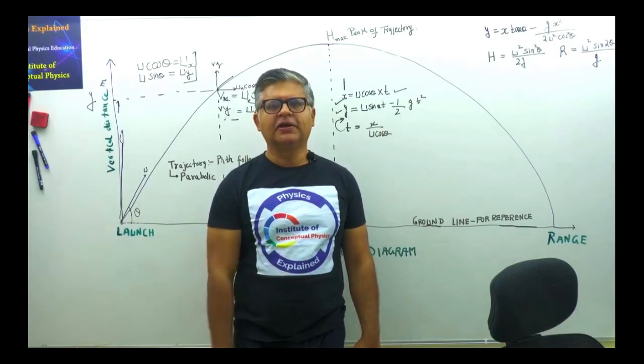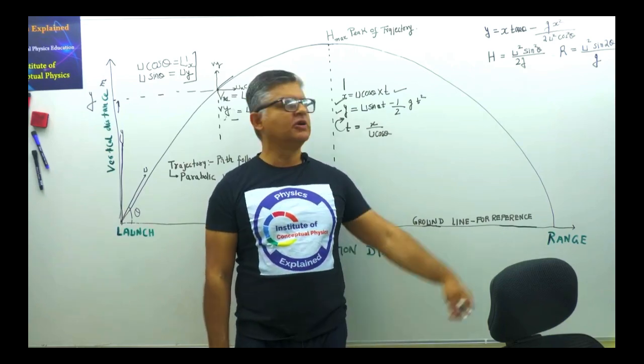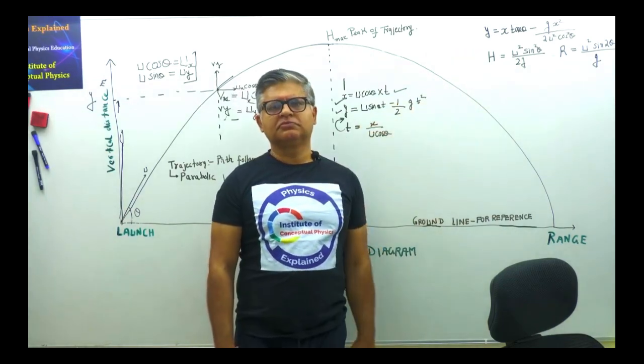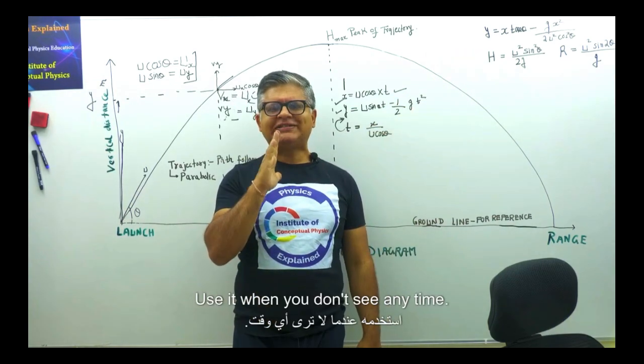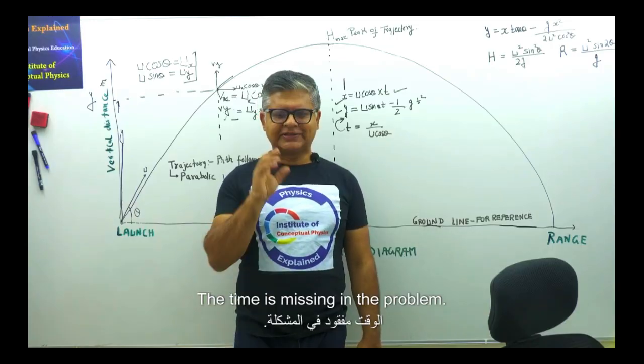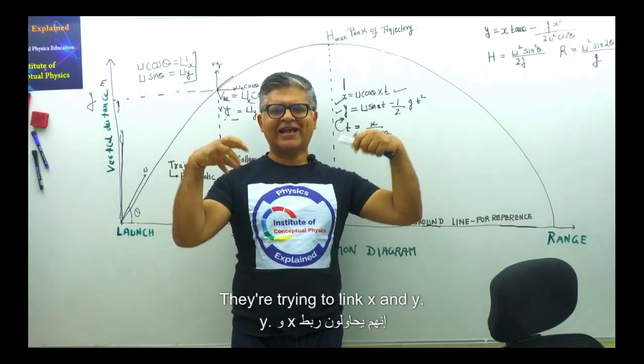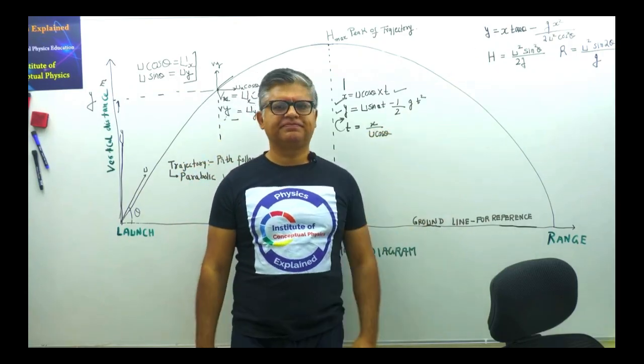First deep point, many questions can be solved with the help of this equation. Use it when you don't see any time. The time is missing in the problem. They're trying to link x and y. Use this.